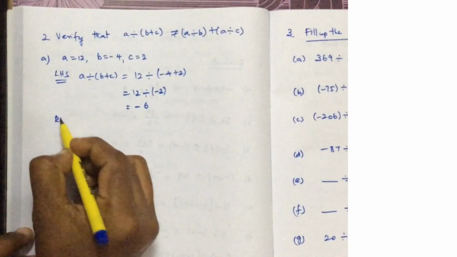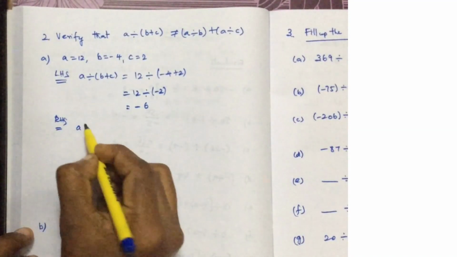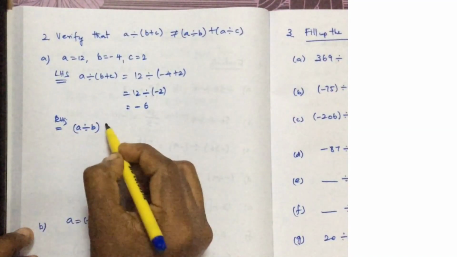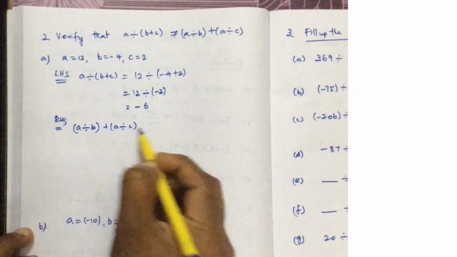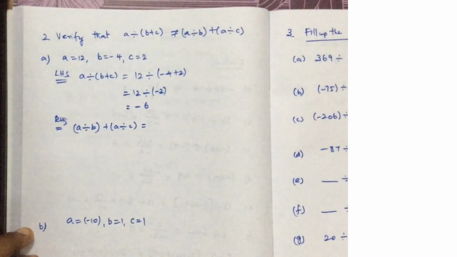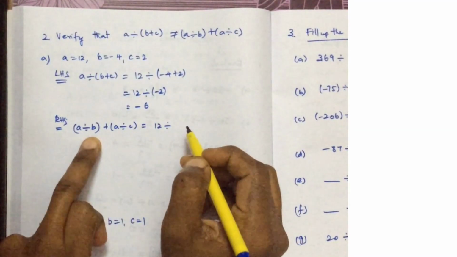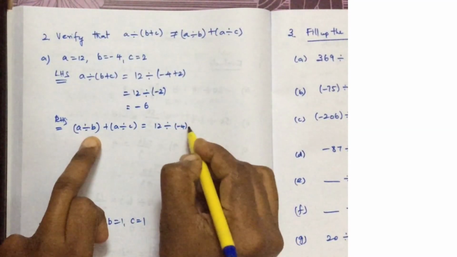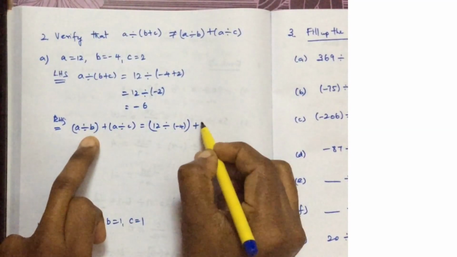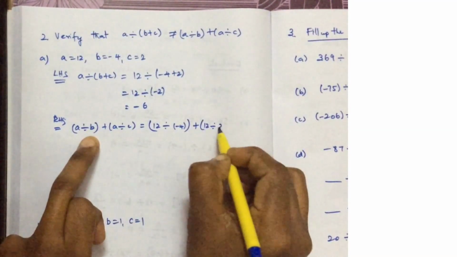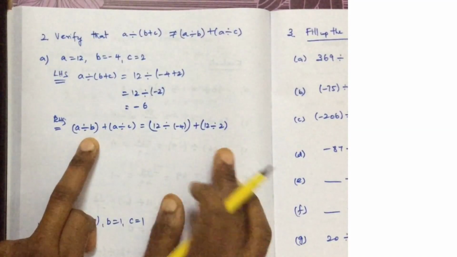Now let me take the right hand side. A divided by B plus A divided by C. A is 12, B is minus 4, and C is 2.